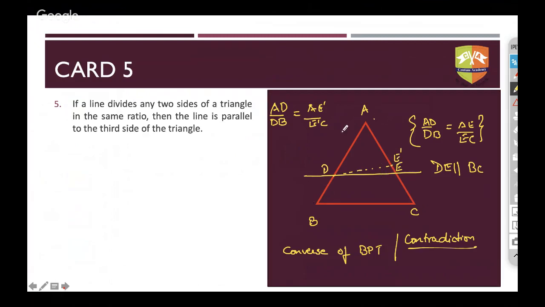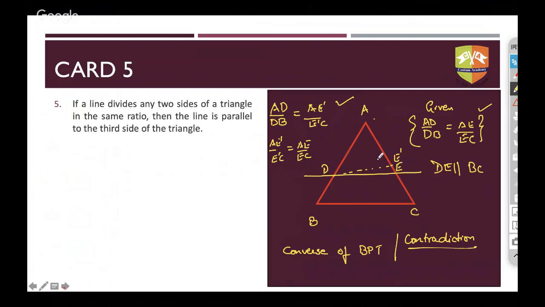But AD upon DB equal to AE upon EC was given. So from this relation and this relation, AE dash by E dash C is equal to AE upon EC, isn't it? That means there are two points on AC which divide AC in the same ratio.